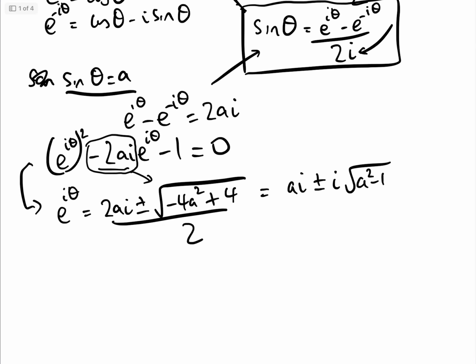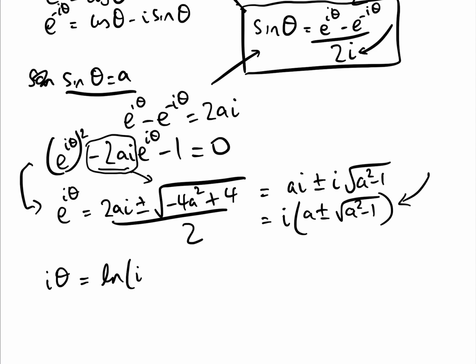Okay, so we've got that. Now we can take the i out here, which equals i times a plus or minus root a squared minus 1. And we've had this discussion in the previous video, whether or not we take the i out. Because a is always greater than root a squared minus 1, we can quite happily take the i out. So now, taking logs, we have that i theta equals log of i add log of a plus or minus root a squared minus 1.